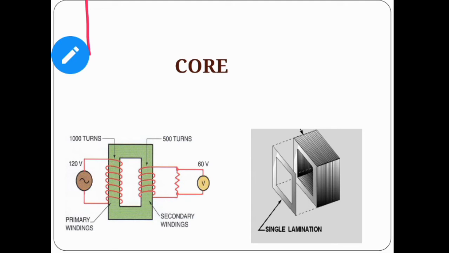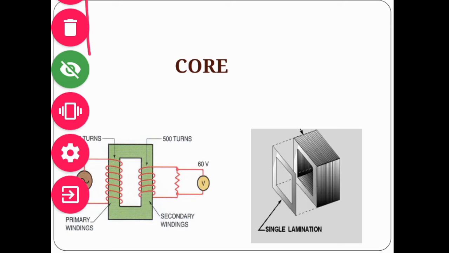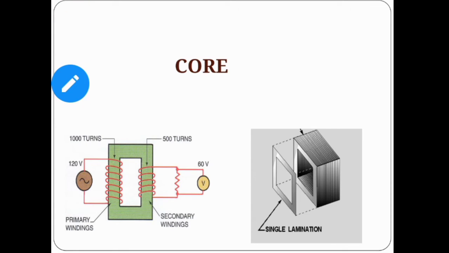Next, I will explain one important thing: for the core we use laminations, for manufacturing of the core. Here in the figure, this is the first lamination, the second lamination, third lamination, fourth lamination.